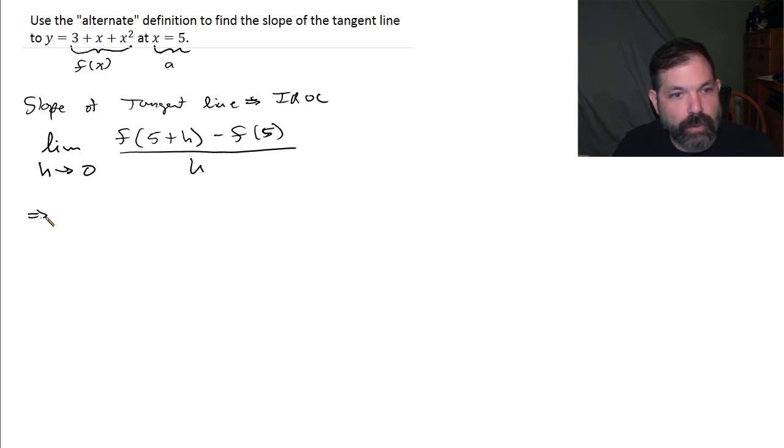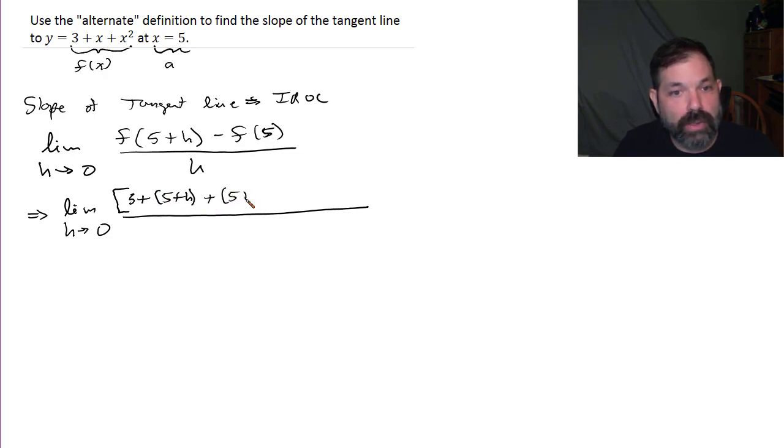All right, so now we have to be careful here. How do we evaluate the function at 5 plus h? Wherever we saw the x, we substitute 5 plus h. So this is the limit with h approaching 0. F of 5 plus h would be 3 plus, instead of x, 5 plus h, squared.